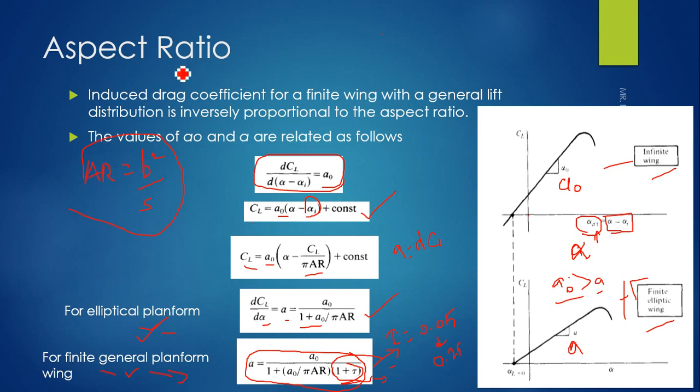Because of the aspect ratio coming into the picture, the lift curve slope value reduces. For an infinite wing, a naught will be more, but for a finite wing, we denote the lift curve slope as a. It will be less than this a naught.